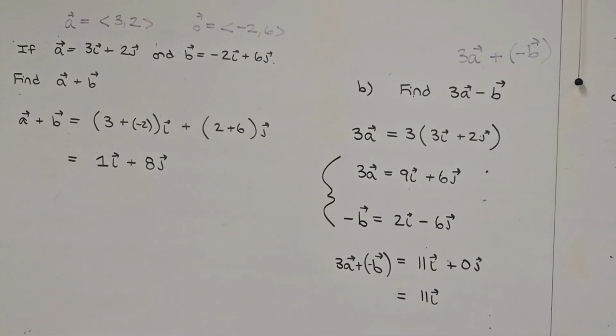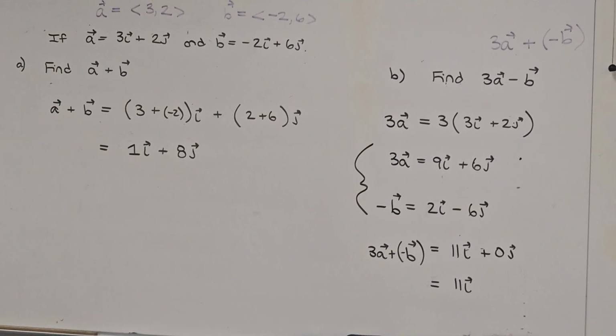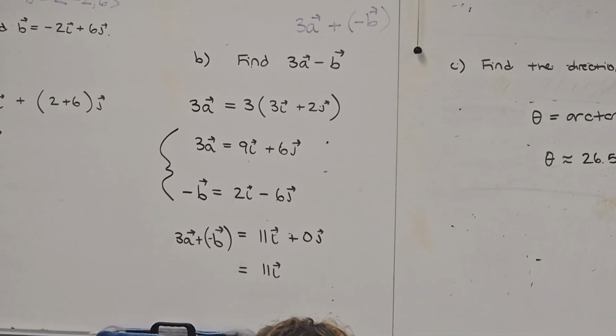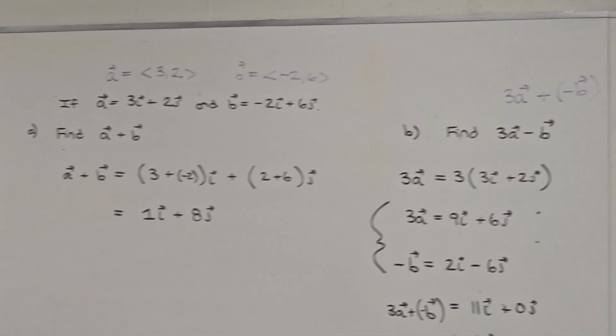So I have 11i plus 0j, which I totally agree is just 11i. But if you're using those pointy brackets, we would have to write comma 0.